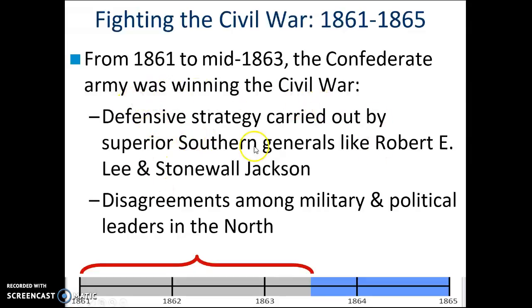So, initially the Confederacy is winning, mostly because of that defensive strategy, and also because the Southern generals like Robert E. Lee and Stonewall Jackson are just so adept in leading their men, and also because of disagreements among the military and the political leaders of the North. It wasn't 100% of the North that was for the war.